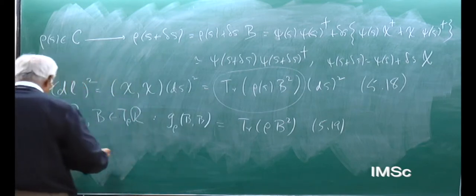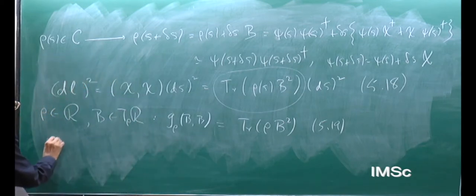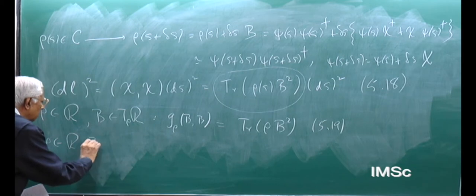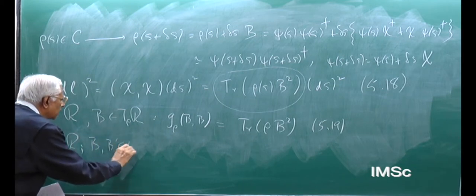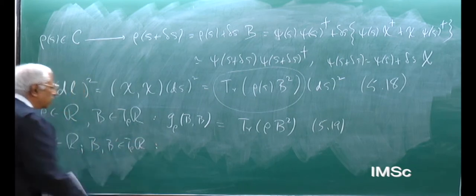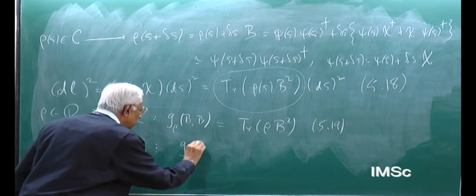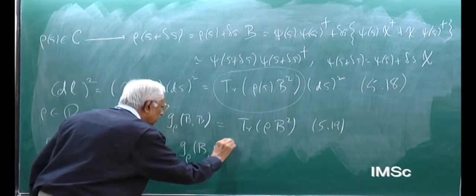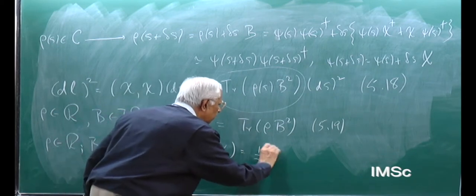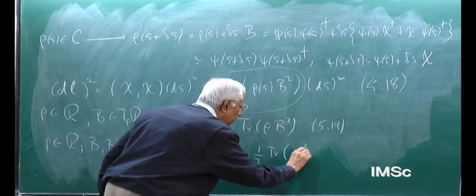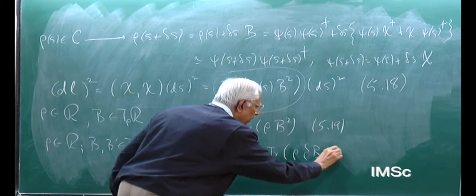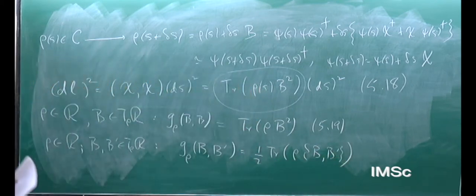From here you can immediately read off the more general form of the metric for two independent tangent vectors at a point rho, our Fubini-Study metric, is 1/2 trace of rho anti-commutator B with B prime. Now this is unambiguous, it has to be so. There is no choice about it.